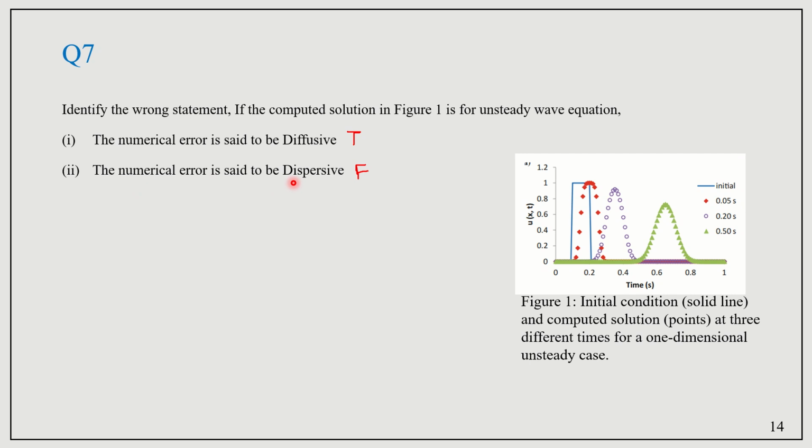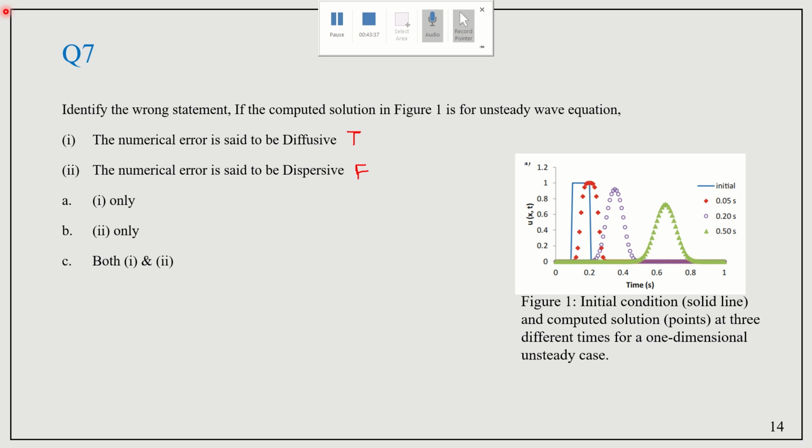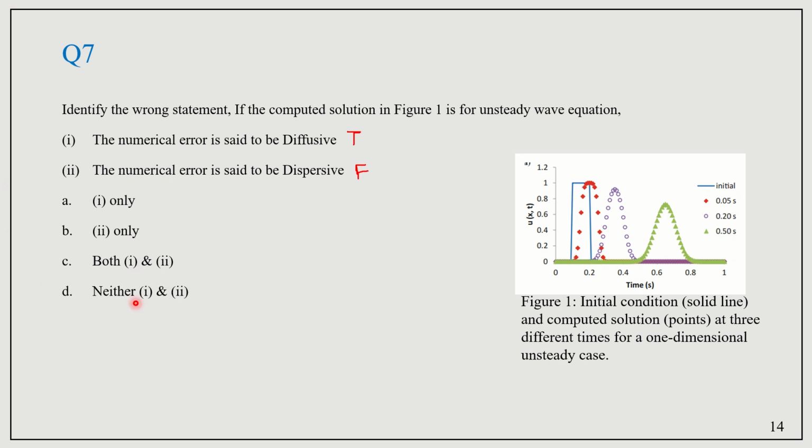We'll look at the options. Option A, 1 only. Option B, 2 only. Option C, both 1 and 2. Option D, neither 1 nor 2.